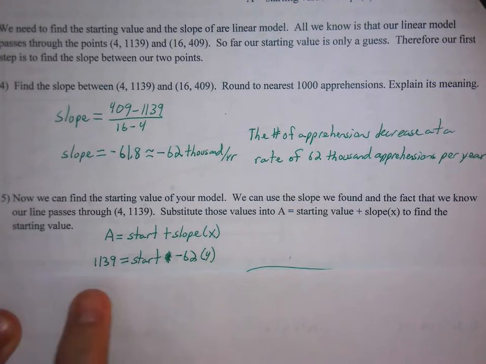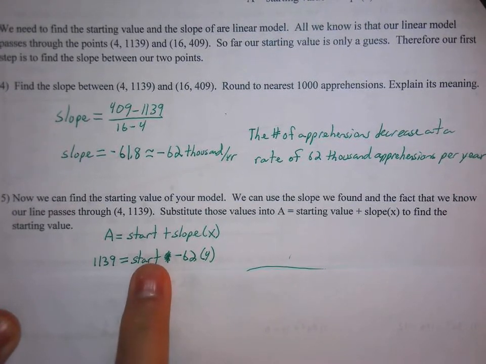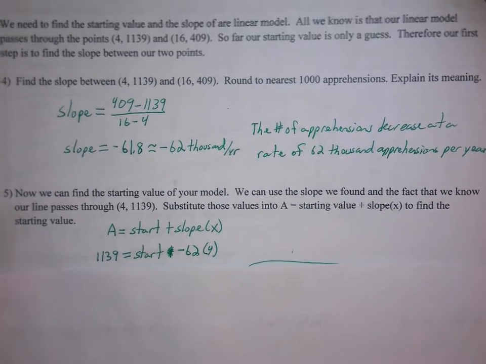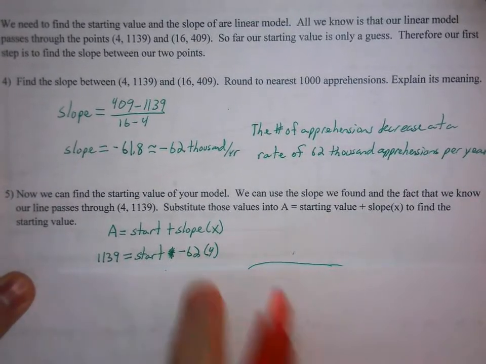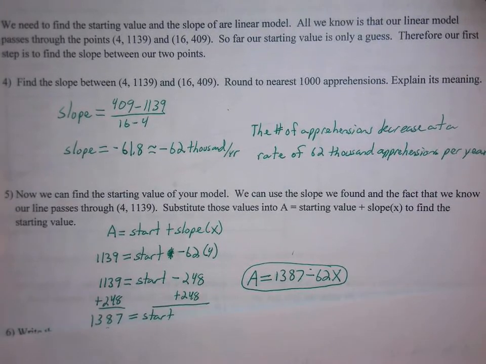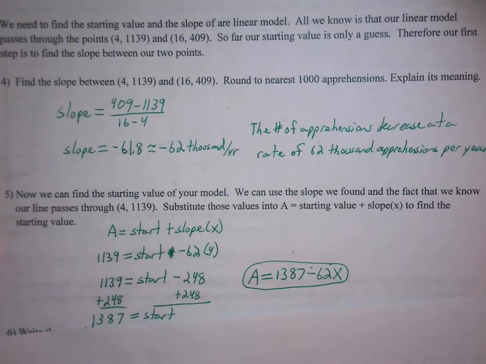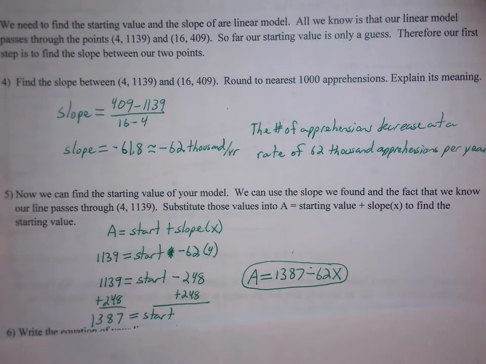Now notice, the only thing we're missing is the starting value. So if we go through and solve that, we do negative 62 times 4, and then add that to 1139, and you end up with 1387.